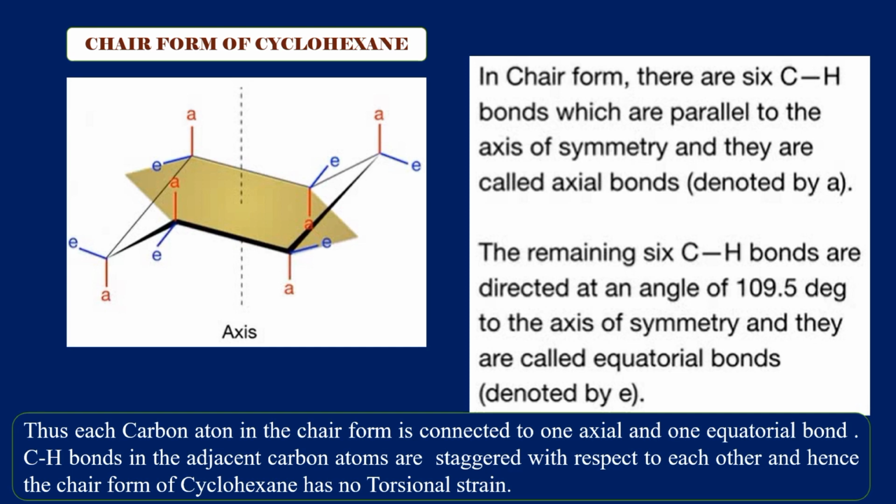And there are 6 other bonds present in all the 6 carbon atoms which are shown with the blue color. They are all directed away from this axis at an angle of 109.5 degrees. And these are called equatorial bonds. In each carbon atom of this chair form, there is an axial CH bond and an equatorial CH bond.